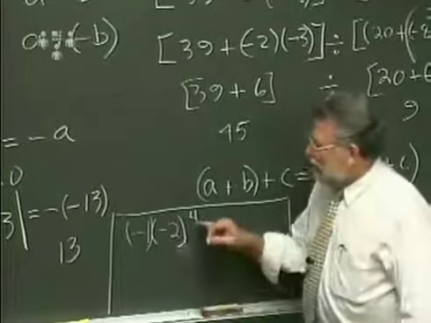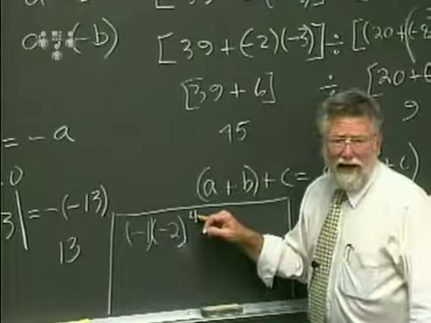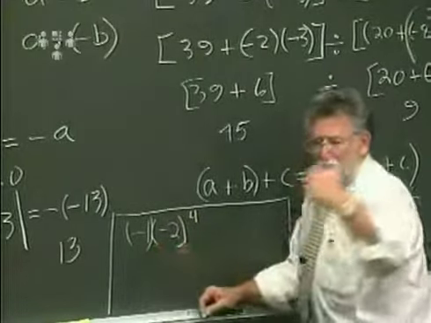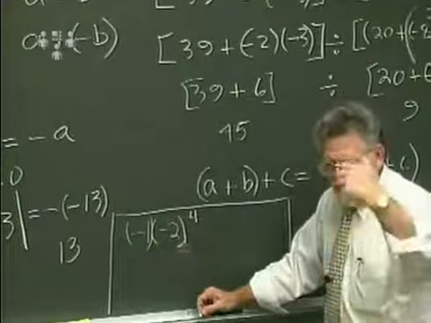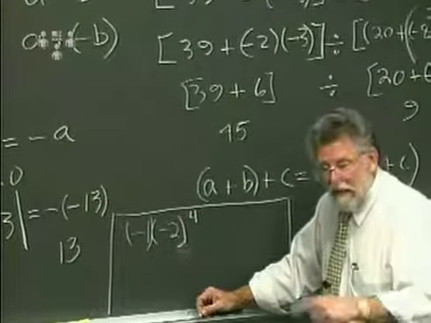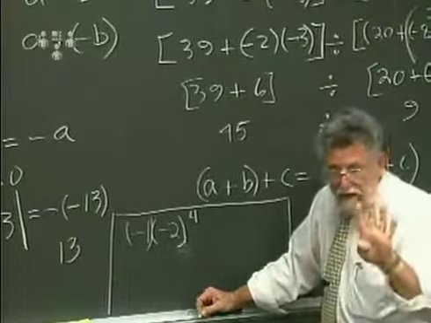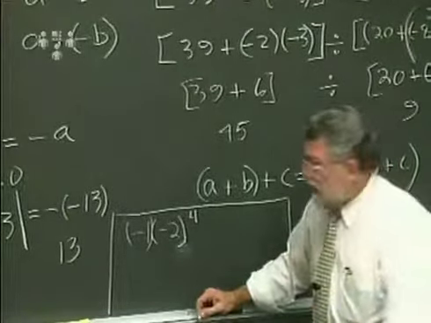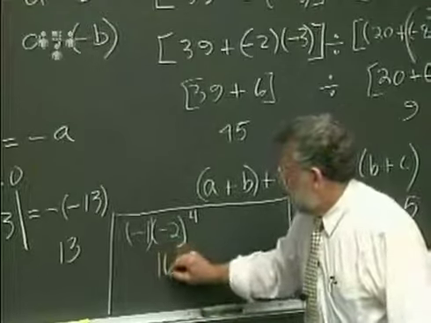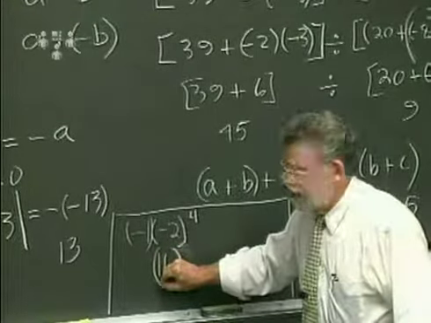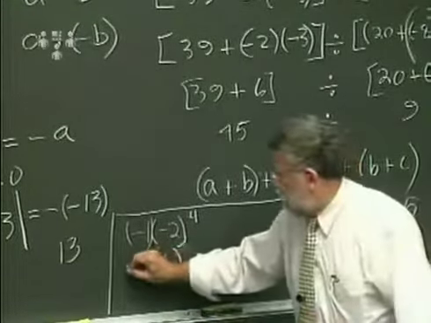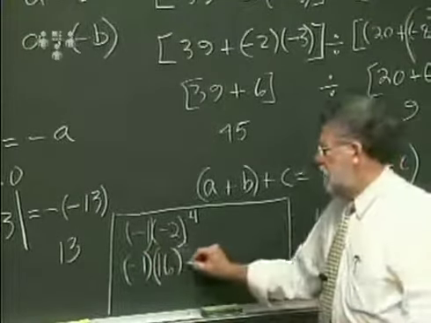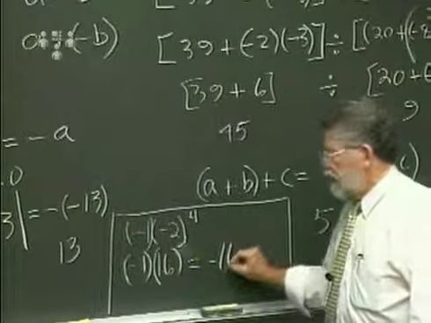The exponent. So the exponent is attached to whatever's there. That was a negative 2. That's negative 2 times negative 2 times negative 2 times negative 2, which is an even number of negatives, therefore positive 16. But I still have out in front the negative 1. And now I multiply and hence the negative 16.